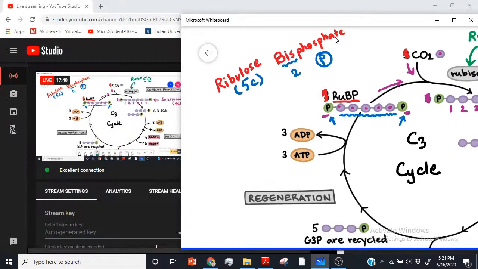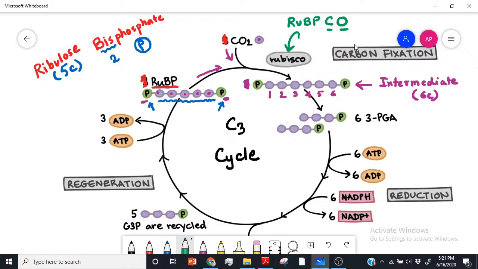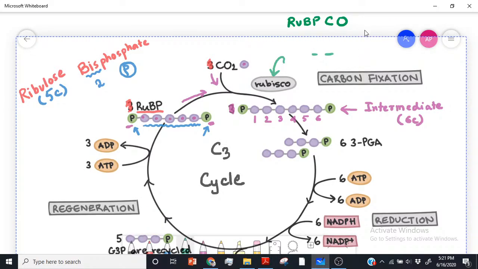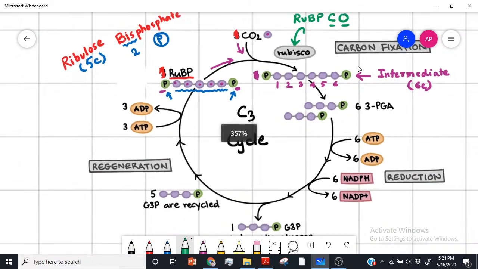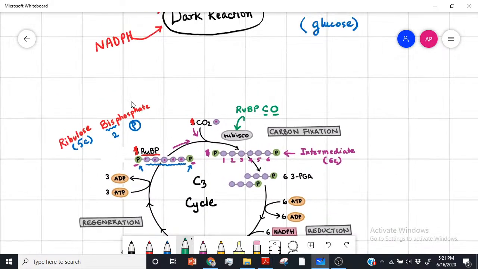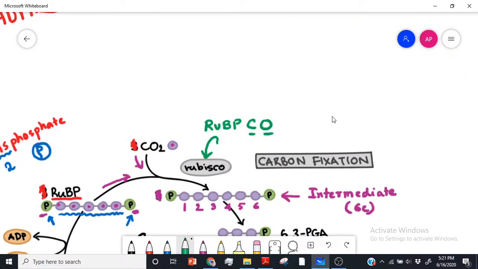Now if we focus on that a bit more, what does this C mean? Carboxylase. And O means what? Oxygenase. Right, carboxylase and oxygenase.